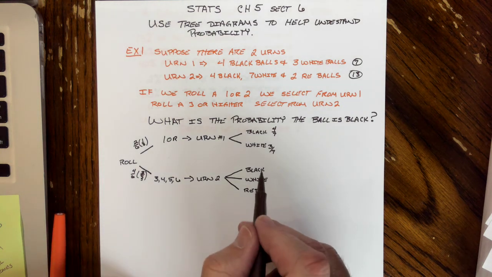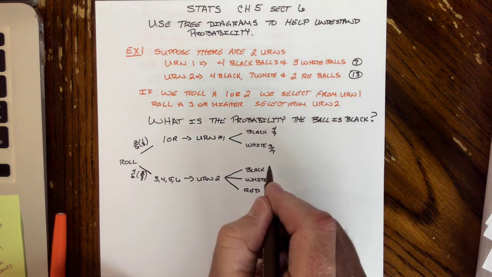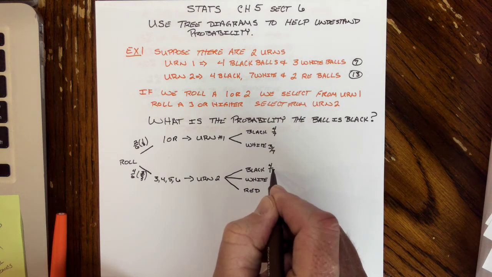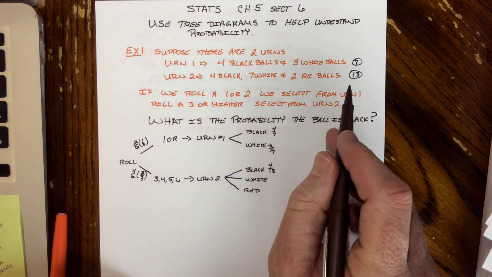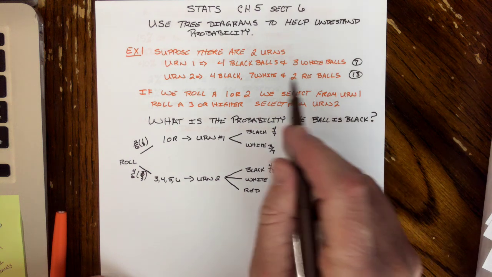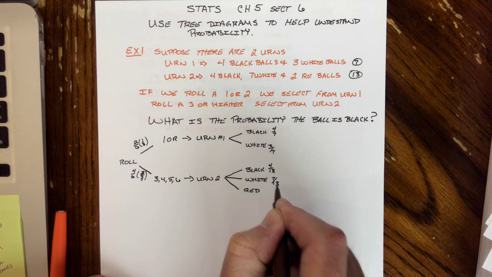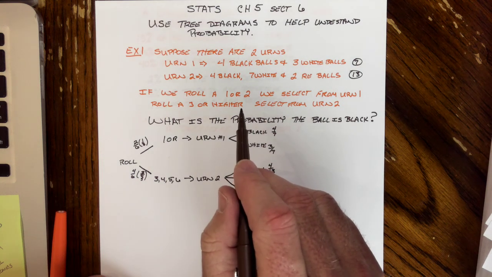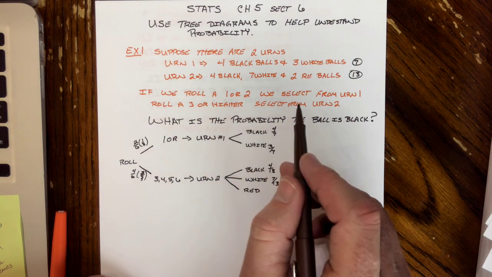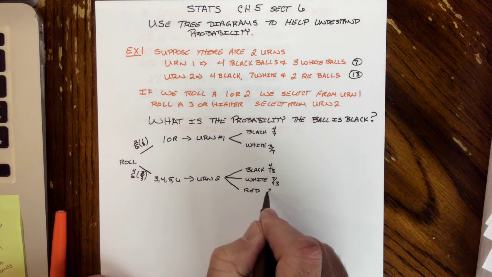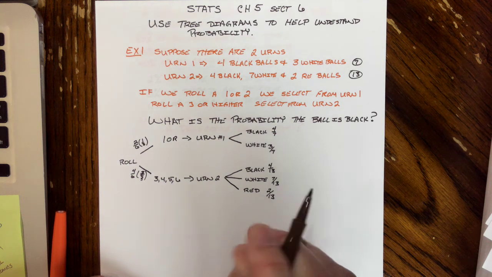What's the probability of getting a black ball out of urn number 2? Well, that's 4 out of 13. Probability of getting a white ball would be 7 out of 13. And the probability of getting a red ball, which could happen, 2 out of 13.